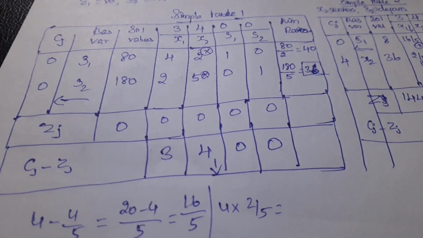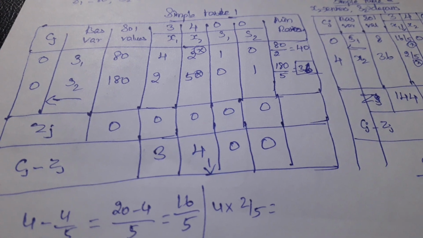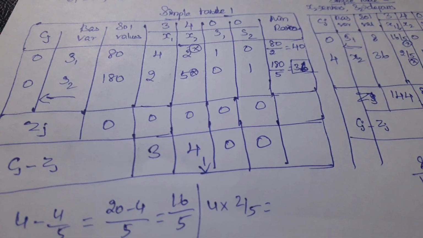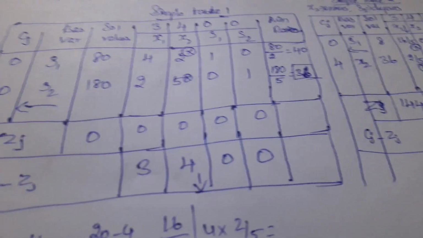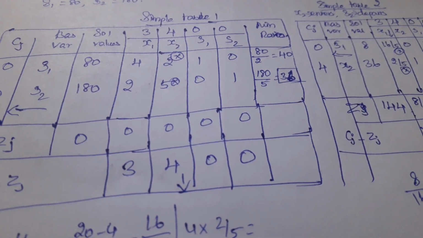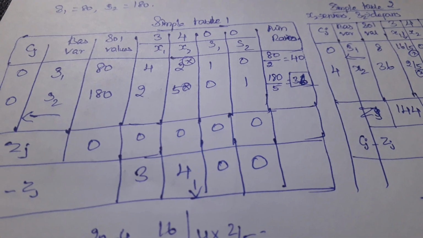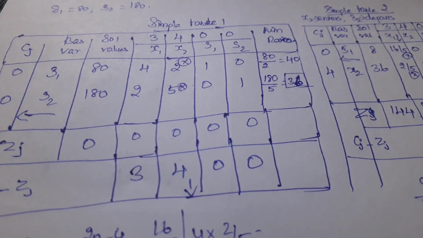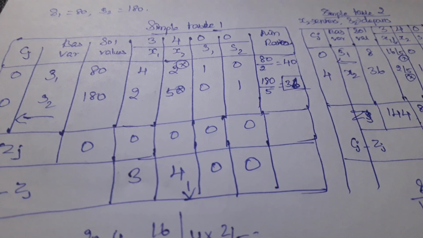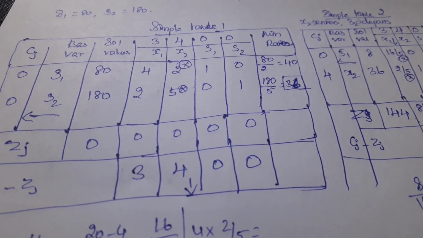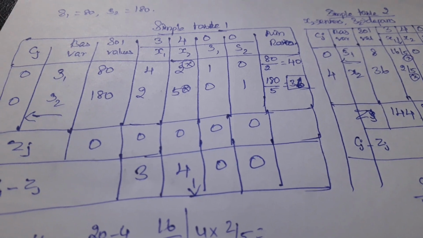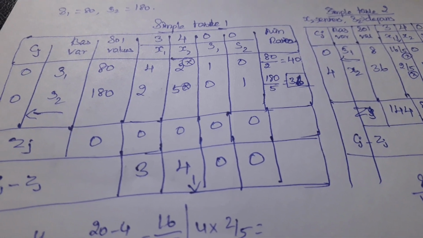Second column, the basic variables S1, S2, and solution values 80, 180, which we got from the equations. Then from the subject to constraint equation 4x1 plus 2x2 plus S1, that is 4, 2, 1 here, and 5, 2, 5, 1.